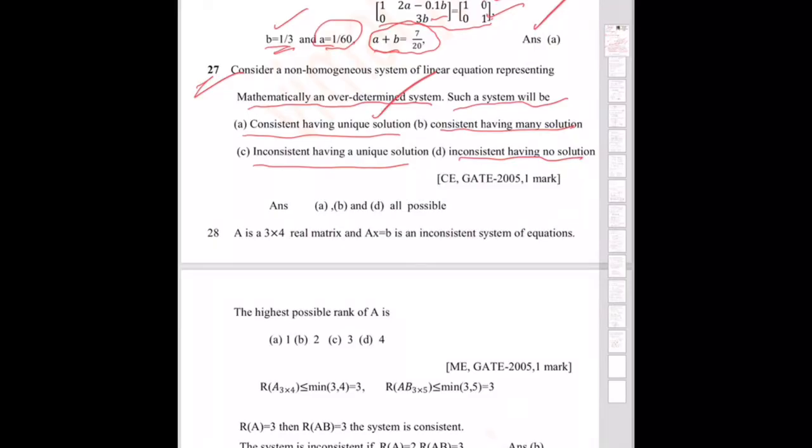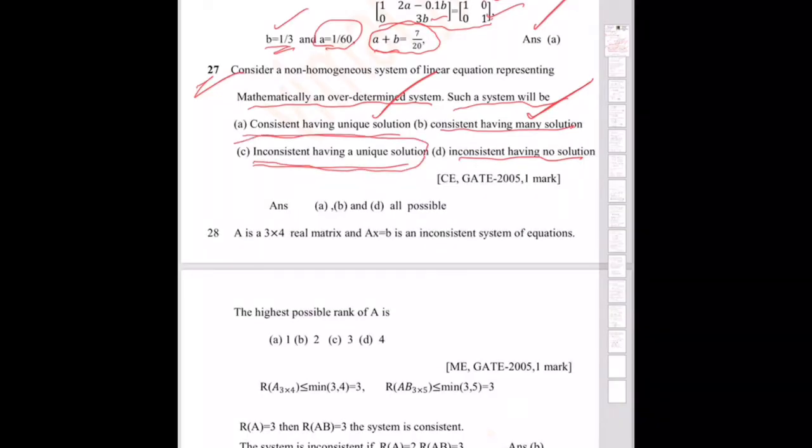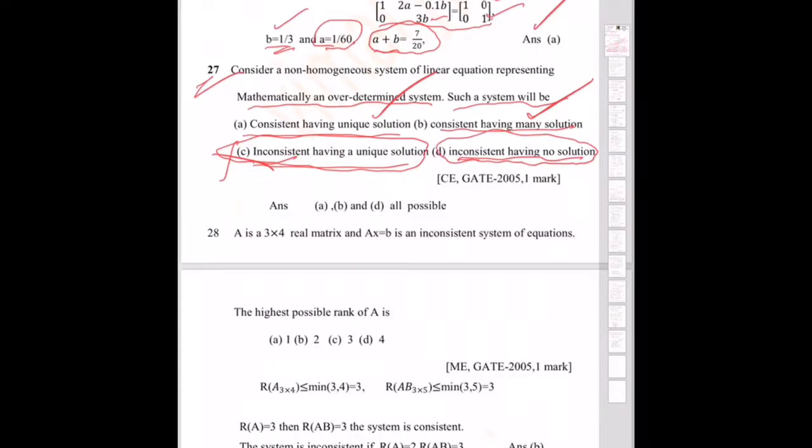Consistent having many solutions. That is rank of AB less than number of unknowns, then consistent having many solutions. Inconsistent having a unique solution. It is not possible. That is C is wrong. Inconsistent having no solution. That is also correct. That is in this question A, B and D are all possible. C is not possible.